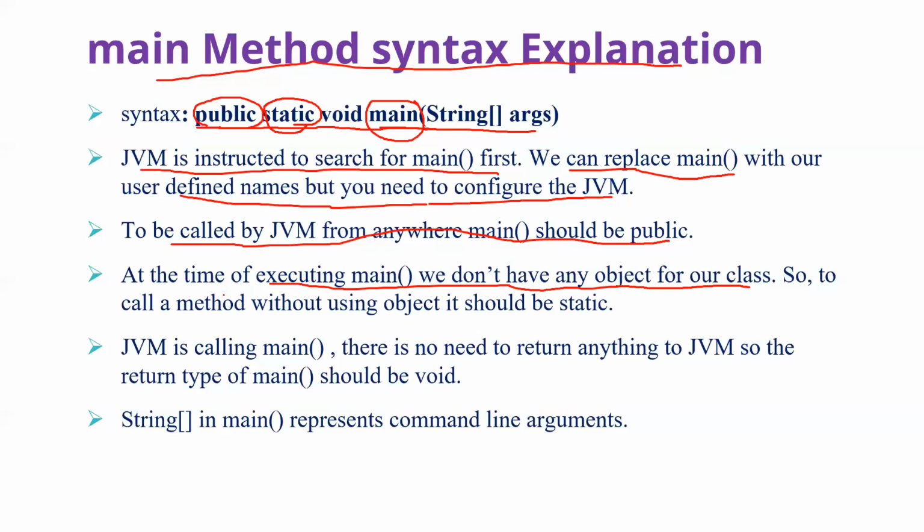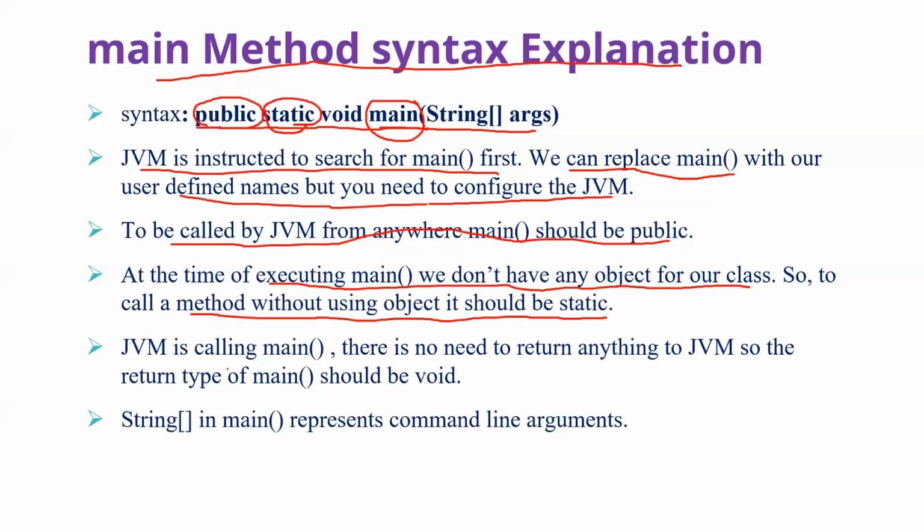So to call a method without using an object, we should declare that method as static. We all know that static methods can be called directly by using their class name. So in order to call the method without using any object reference, you need to declare it with the static keyword.